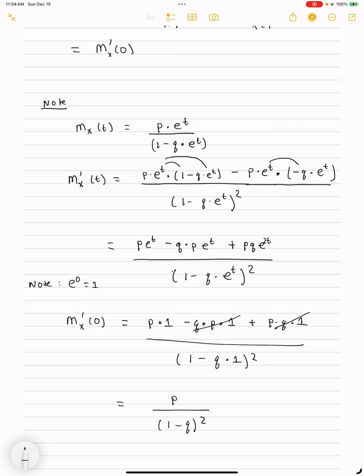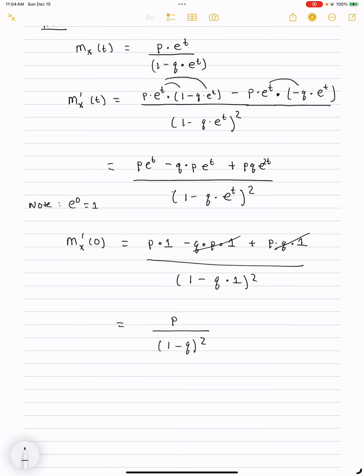And one more important thing to note is that q is defined as 1 minus p. So if I use that, this is going to be p, and I'm going to substitute that q is 1 minus p, so I'm going to get 1 minus p quantity squared.